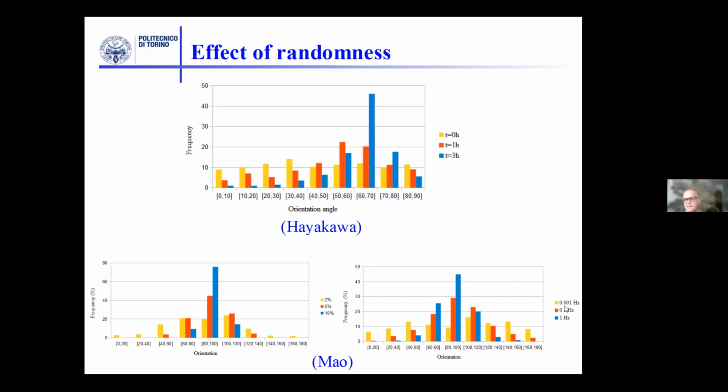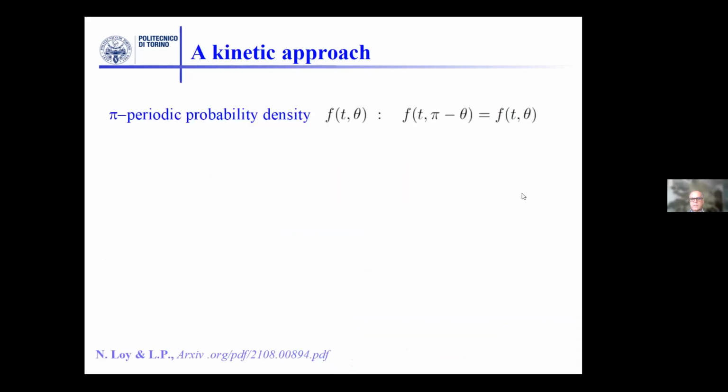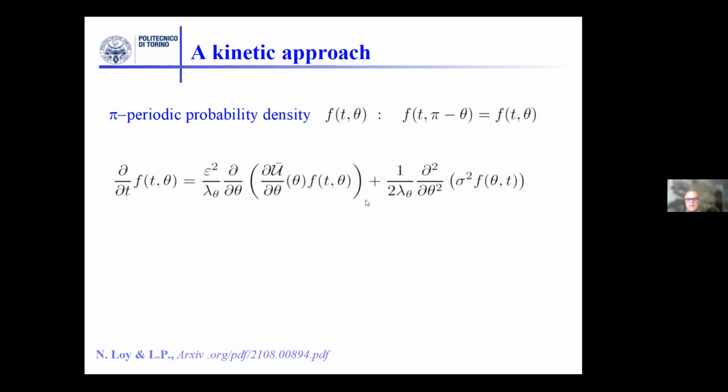And this instead has to do with what happens when you change the frequency. Again, you have a peaking of your distribution function. In order to describe that, we used a probability density with some symmetries, the symmetry that I was studying before: theta and pi minus theta are the same. And you can write a Fokker-Planck equation there, okay?